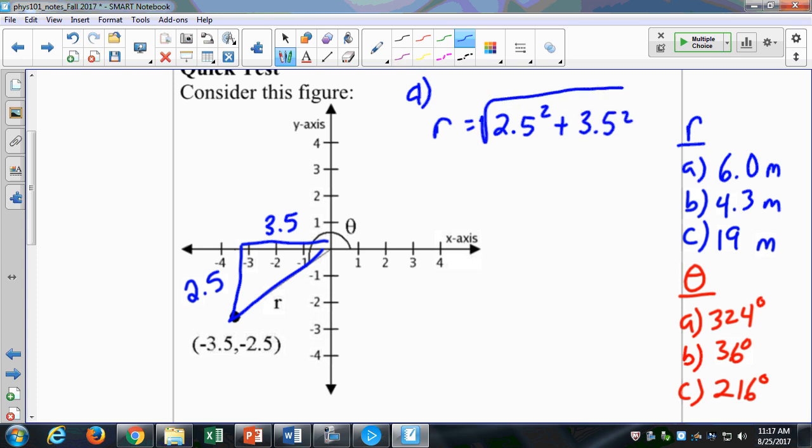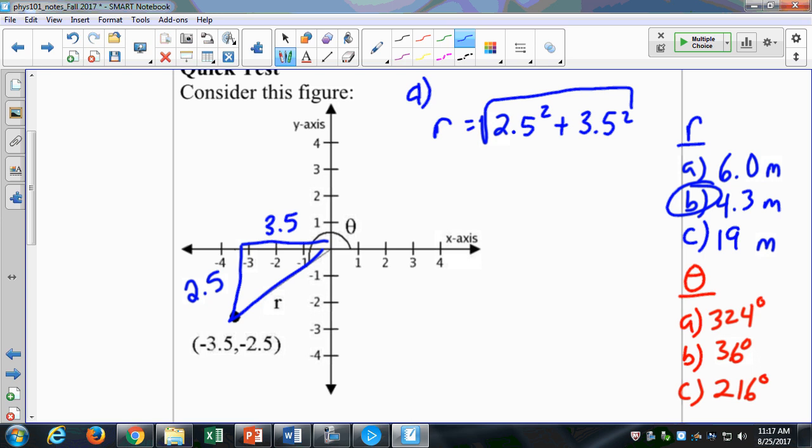And if I do that, the answer is 4.3. You know 19 is just a ridiculous answer. It can't be 19, right? So you're stuck then between two of these answers. And by the way, on my test and every other multiple choice test that you'll ever take the rest of your life, it's useful to go through and just say, well, it can't be this. And then you go for those other answers.